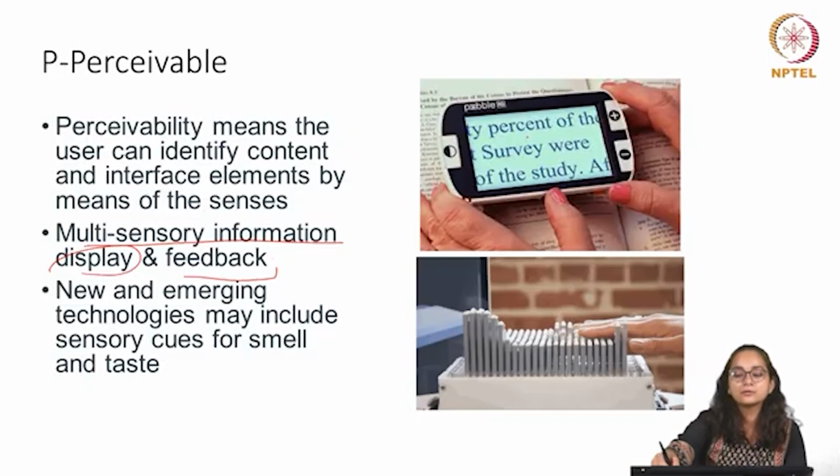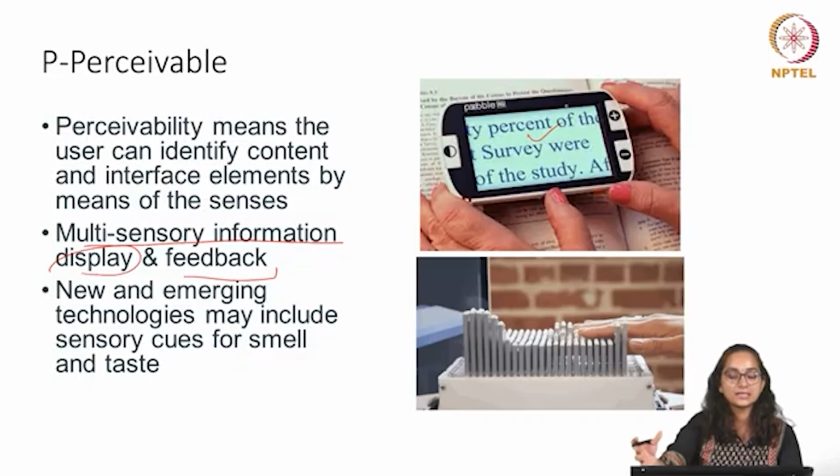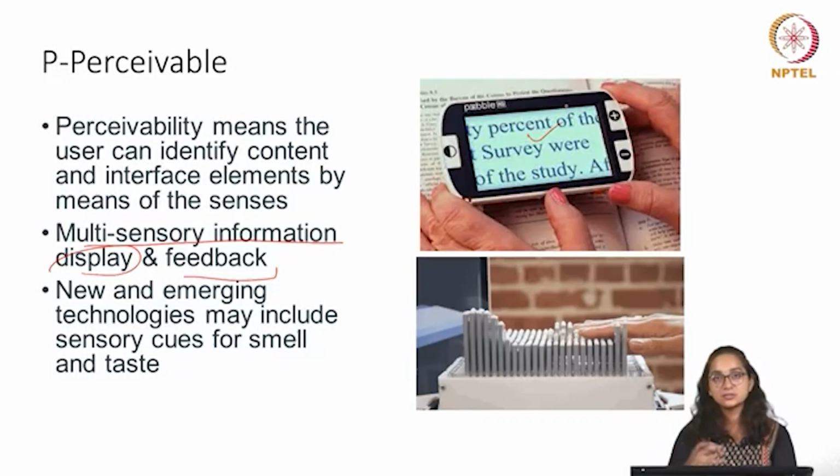So having options to increase text sizes, having options to increase or decrease the volume, having options to access screen readers to engage with the content, all of those aspects fall under perceivable.